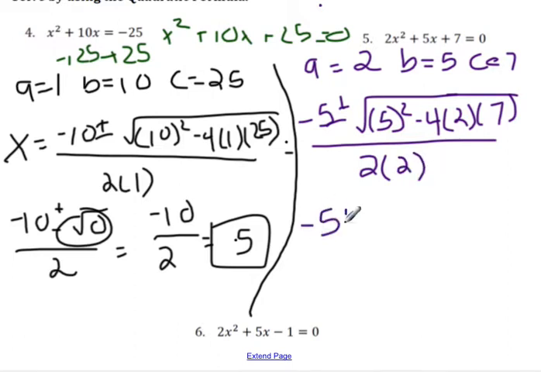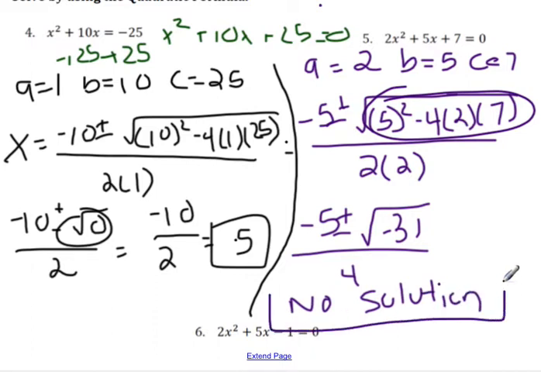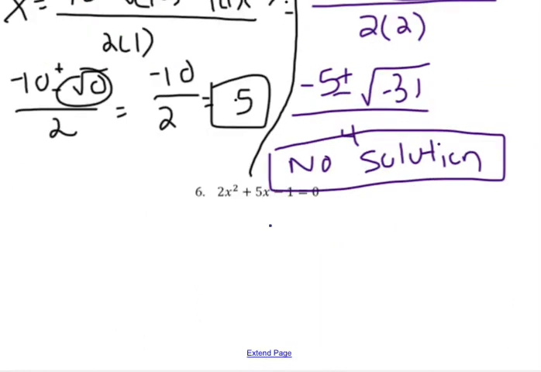Remember, what I like to do is simplify what's underneath the radical first. So 5 squared minus 4 times 2 times 7, and when I do that, I end up getting negative 31, divided by 4. Remember, we can't have a negative underneath the radical. So that's going to be no solution for number 5. No solution.